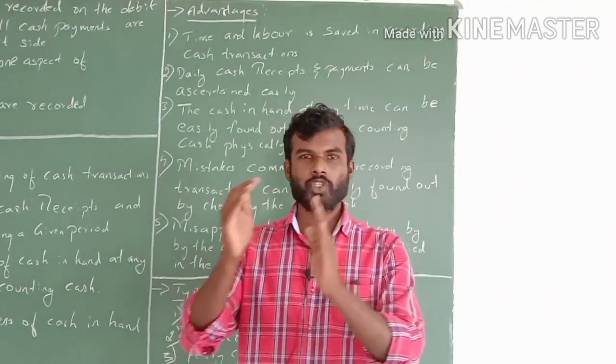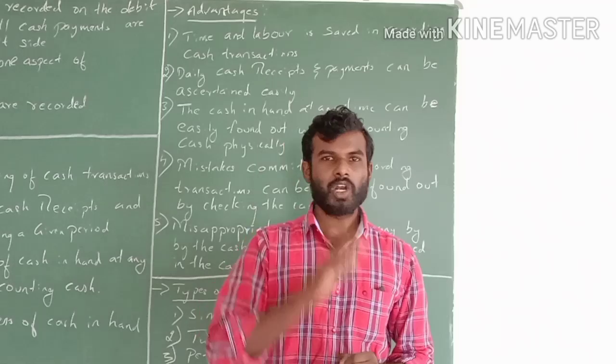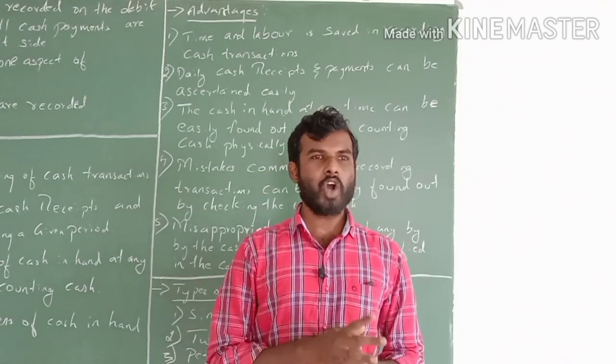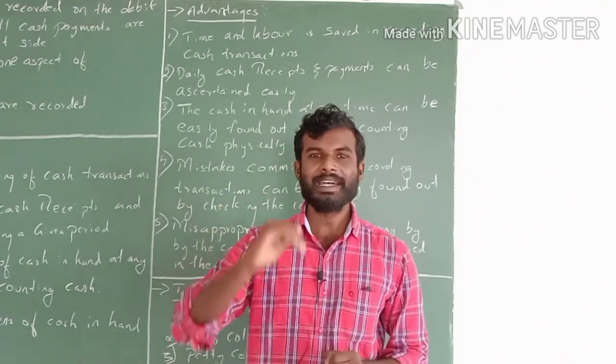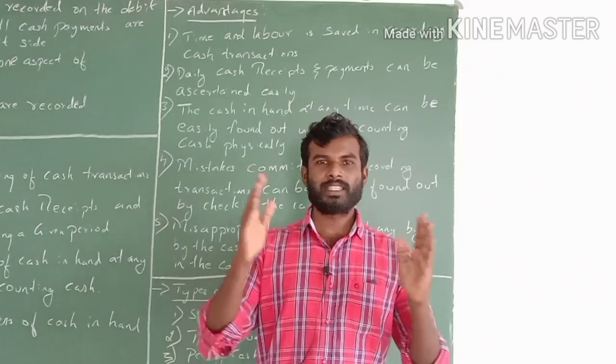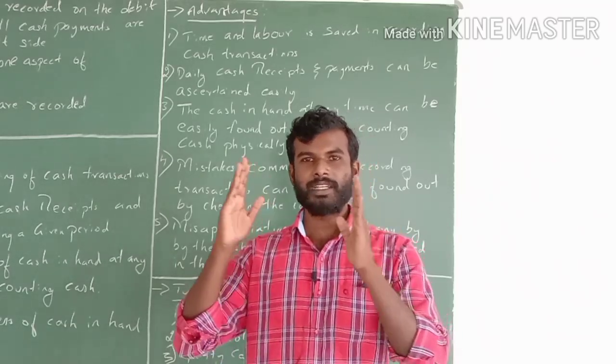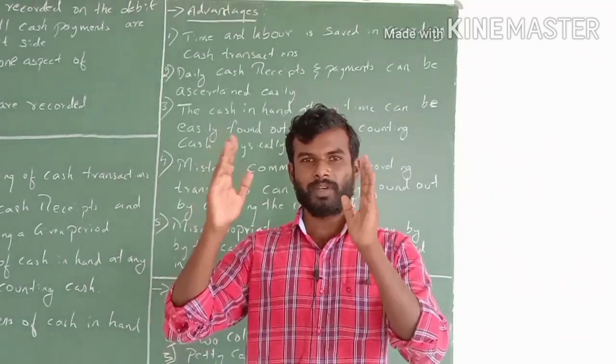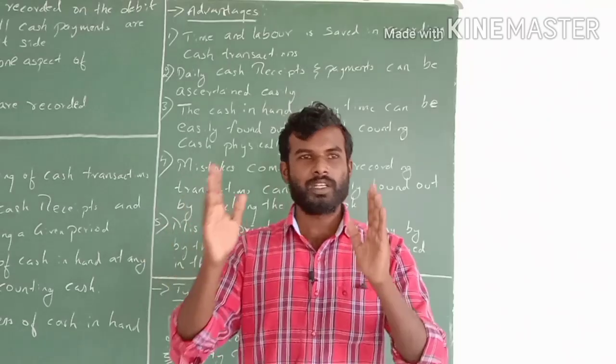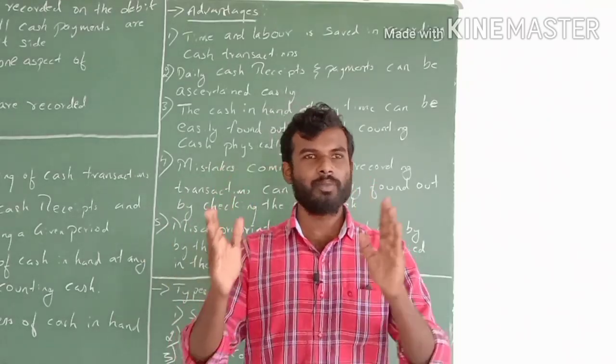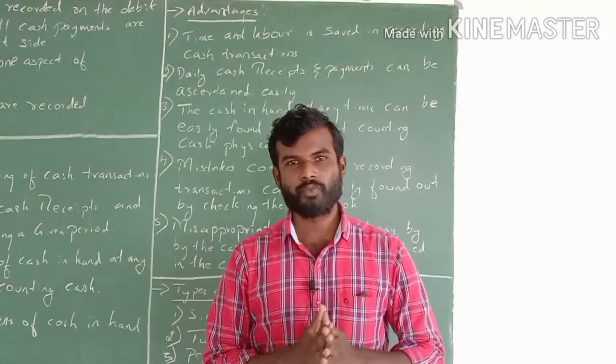Simple cash book is also called the single column cash book. Here only one column is maintained to record the receipts and payments. For example, on the debit side we consider receipts, that is whatever amount we have received, and one amount column will be maintained. On the credit side, one amount column will be maintained.